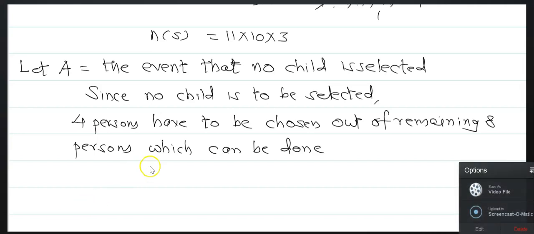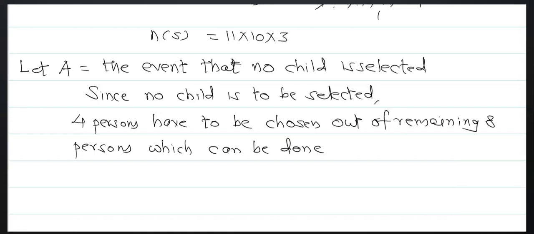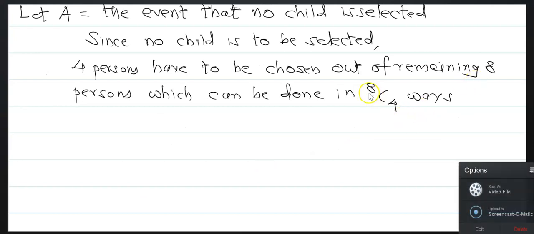Therefore, this can be done from the remaining 8. The number of children is 3. Therefore, the event is 8C4. This is the event, 8C4 ways.